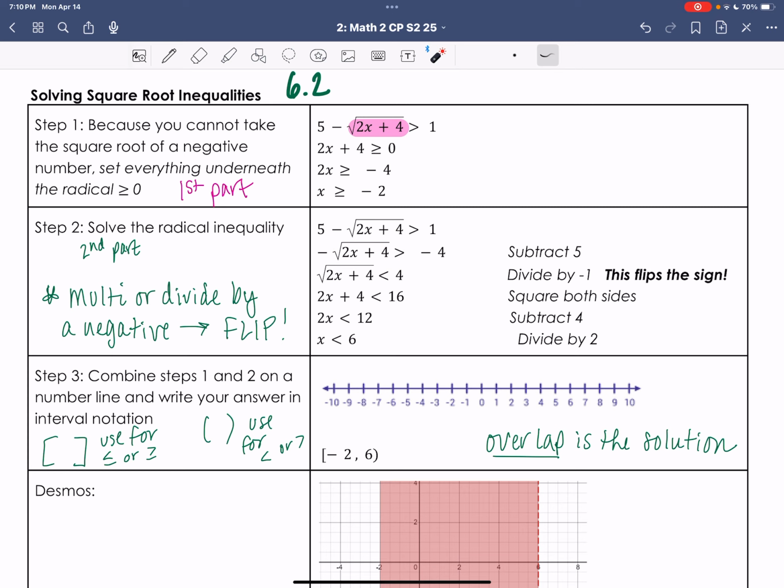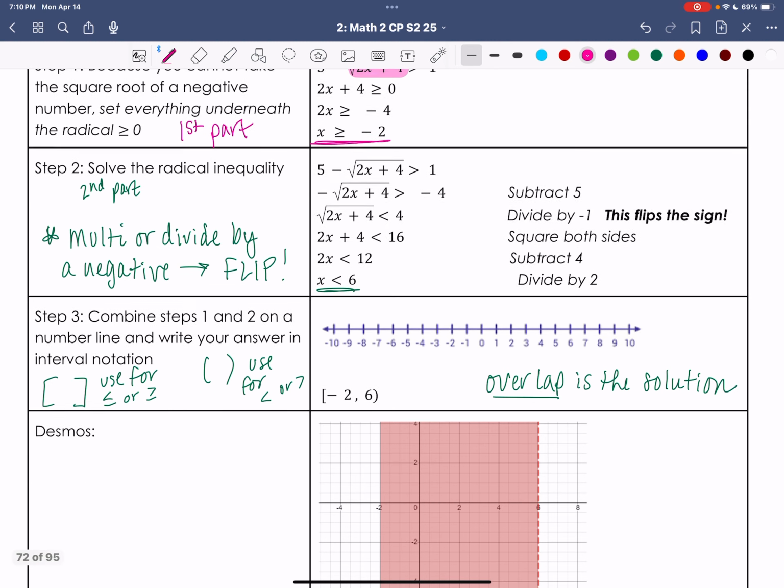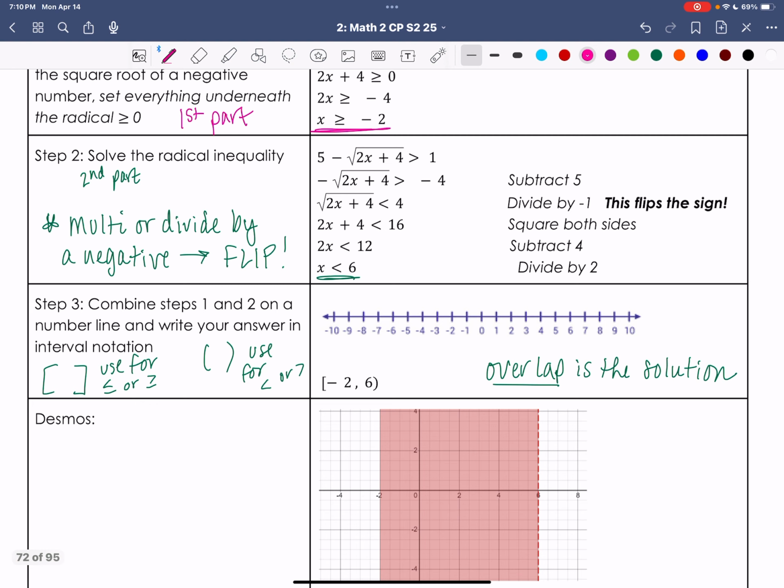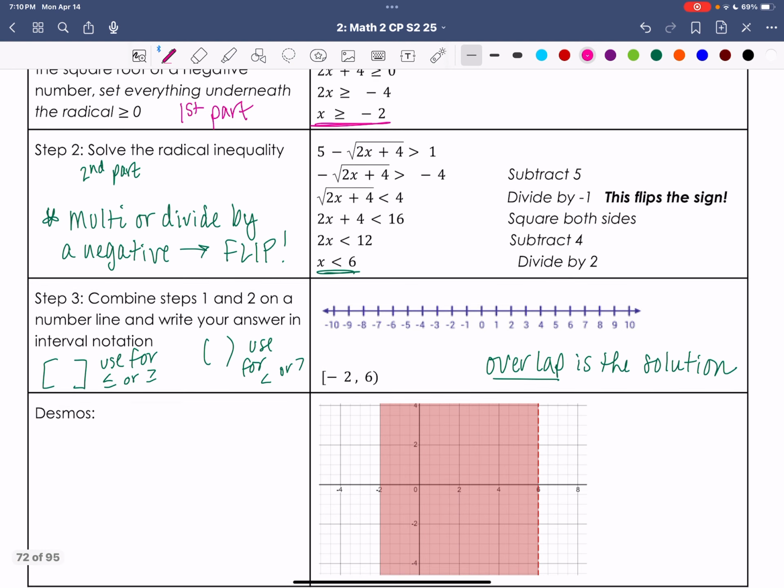All right, so now we have our first part, and we have our second part, which is this. And what you're going to do is use interval notation. So our first part says x is greater than or equal to -2. Since this is a closed point, put a point there.